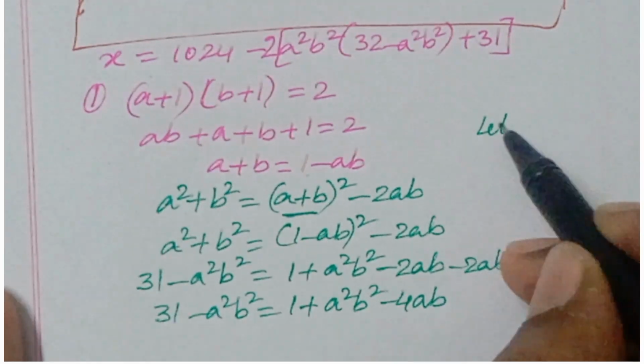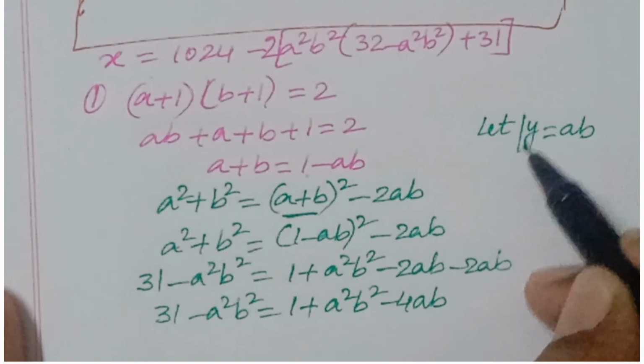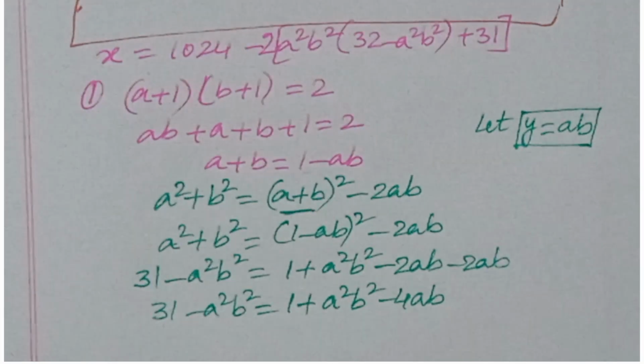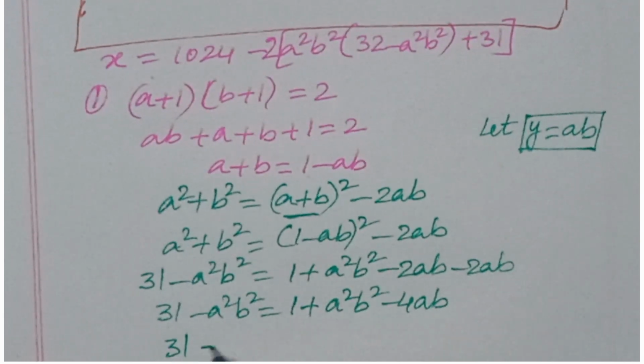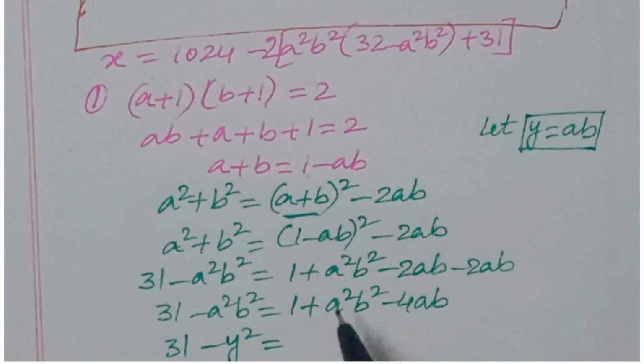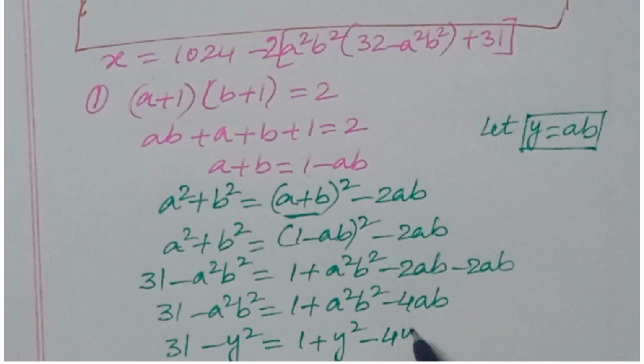So let us take y is equal to ab. So here you will get 31 minus y square equals 1 plus y square minus 4y.